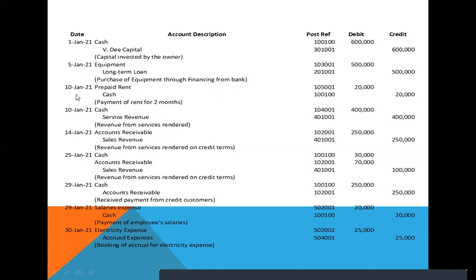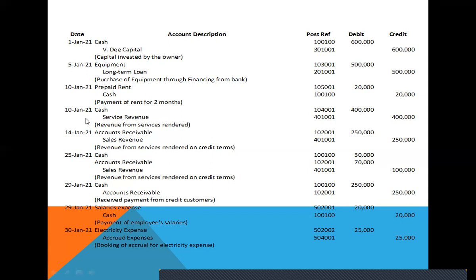Now, on January 10, 2021, payment for rent for 2 months. Okay? So that is prepaid rent. Prepaid rent is an asset, right? Because you already paid the rent, but you have not actually incurred it yet. So 20,000 debit, you credit cash for 20,000 pesos.